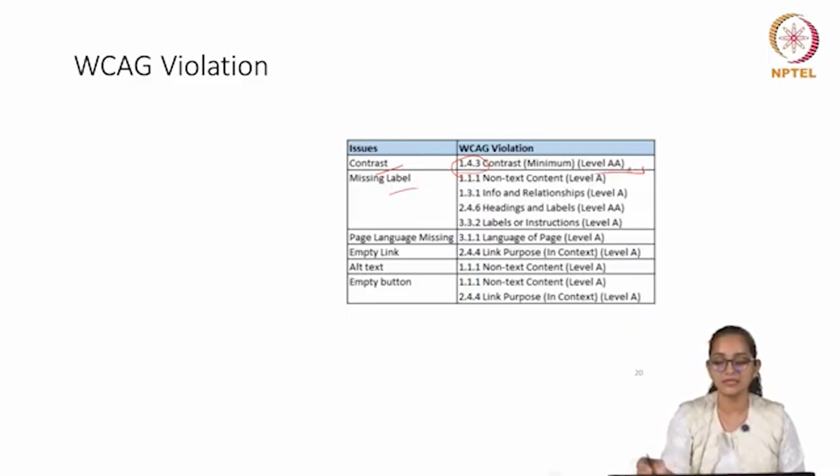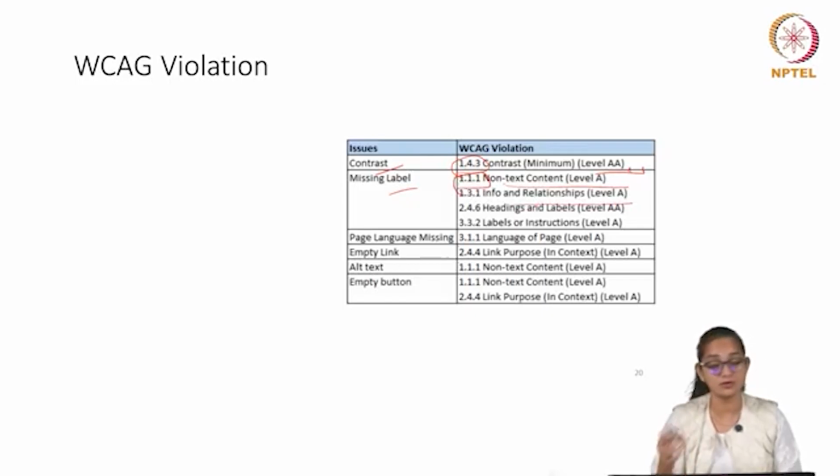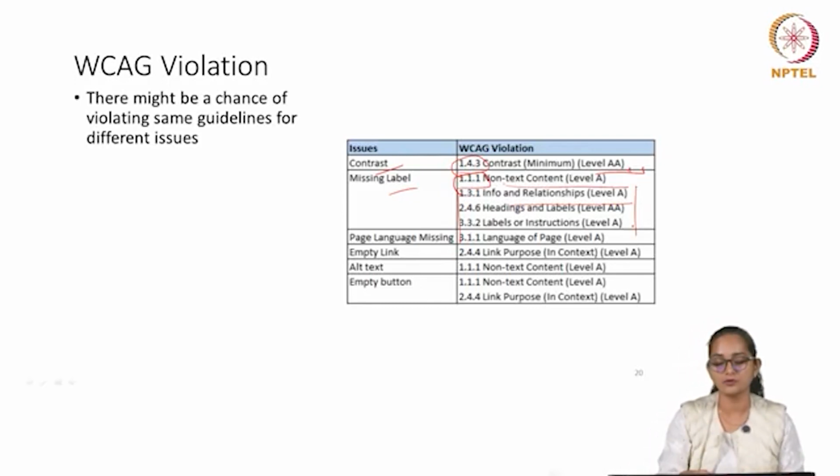Similarly, missing label falls under non-text content, 1.1.1, which we discussed a lot in the previous class. There are 2-3 more criteria related to missing labels. Similarly, for all the others: alt text, empty button, empty link, link purpose is missing.